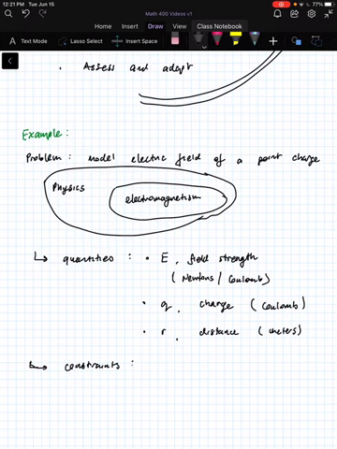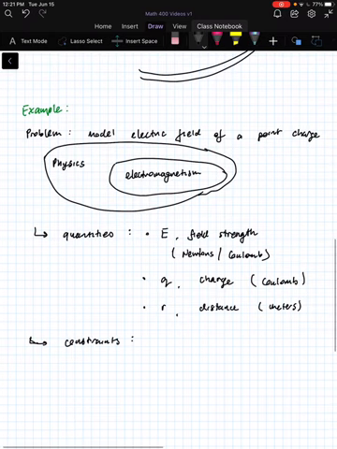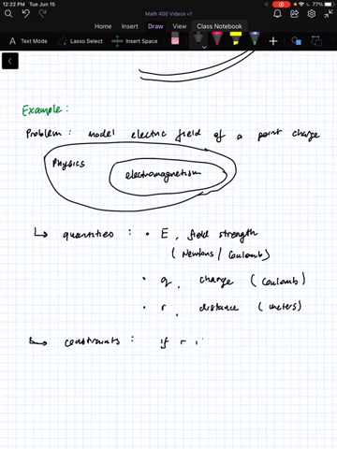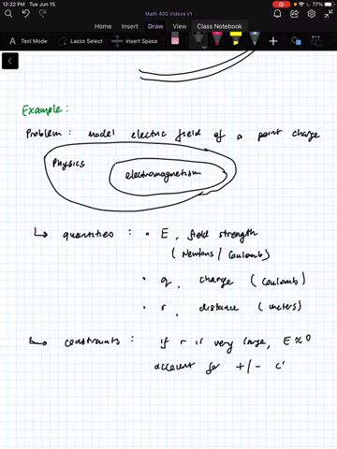But what are the constraints? Well, as charge gets very far away, E is negligible. We have to account for positive and negative charge because both exist. We're going to ignore external forces like gravity.